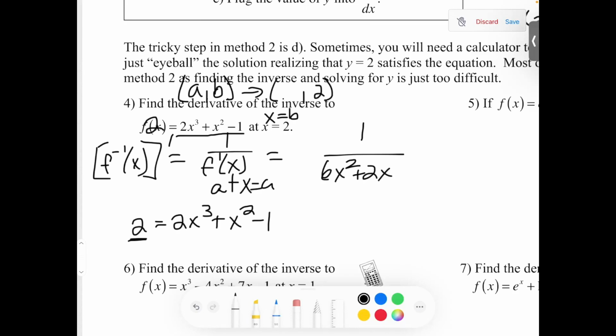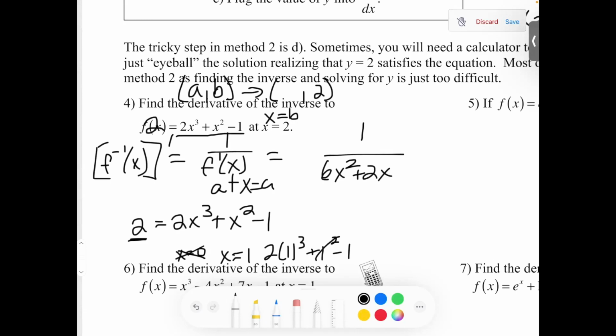And then we can solve this by inspection as well. If we tried x equals 0, we would get 0 plus 0 minus 1, which is -1. That doesn't work. If we tried x equals 1, we would get 2 times 1 to the third plus 1 squared minus 1.